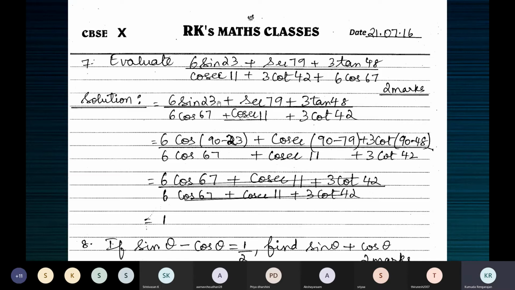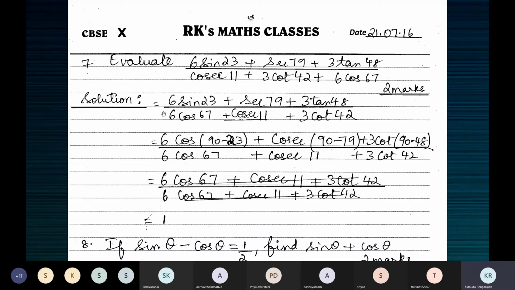Sine 23 can be written using the rule: sine theta is equal to cos of 90 minus theta.